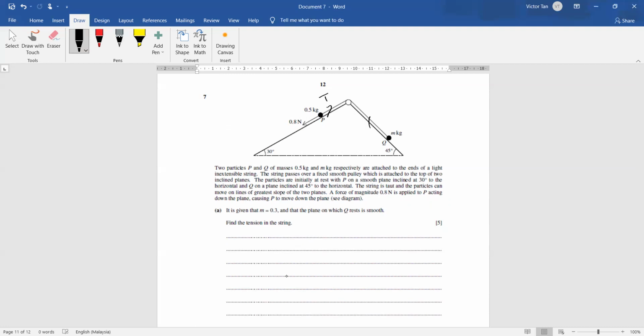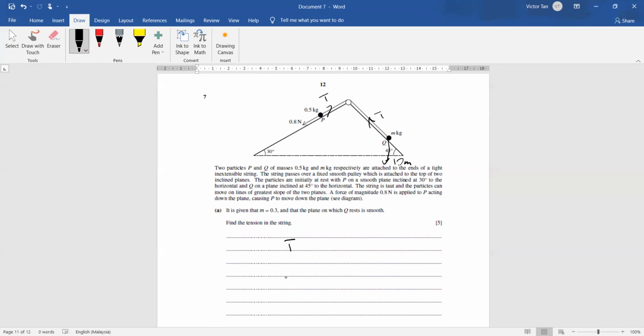So this is T, tension. Q rests on a smooth plane. So if it's initially at rest, then it is in equilibrium.